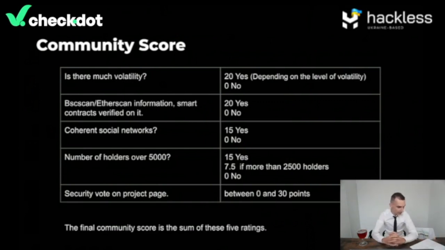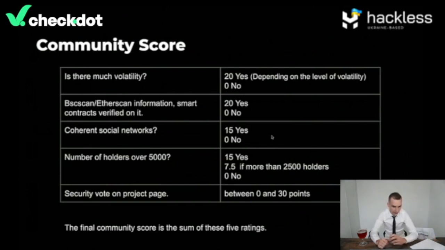A part is dedicated to consistency between social networks, to analyze if the project is more or less followed by bots rather than real users. This is worth 25 points.